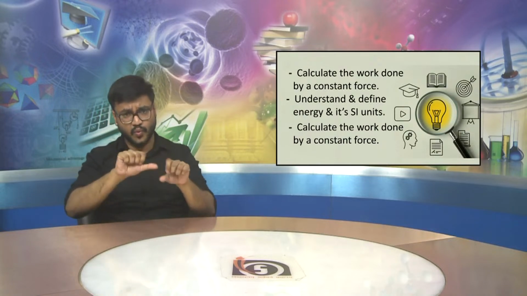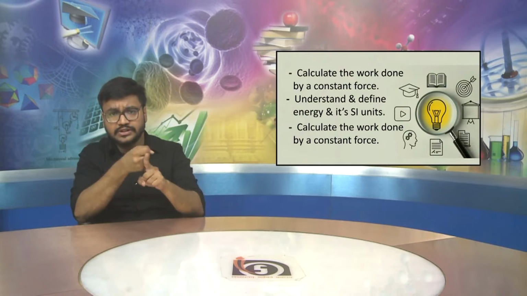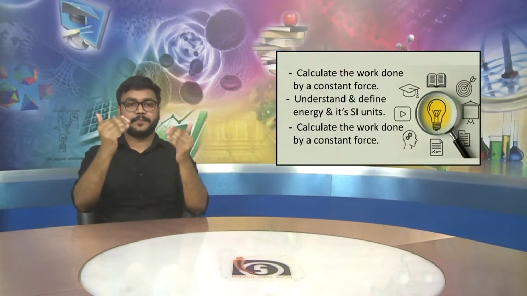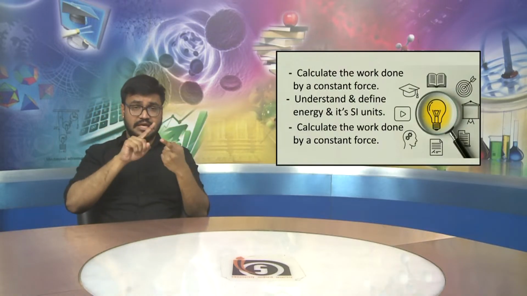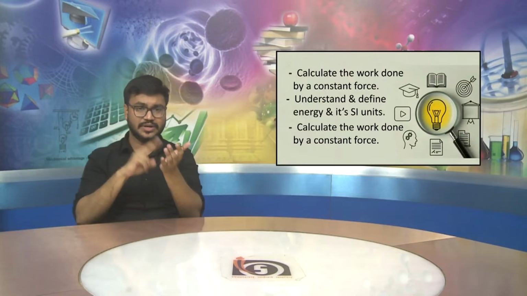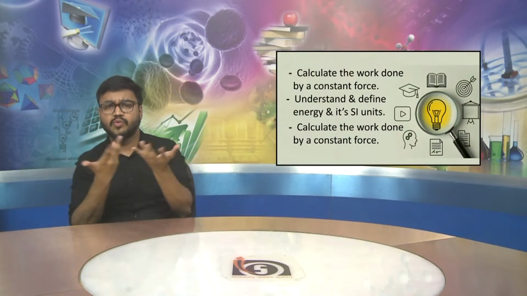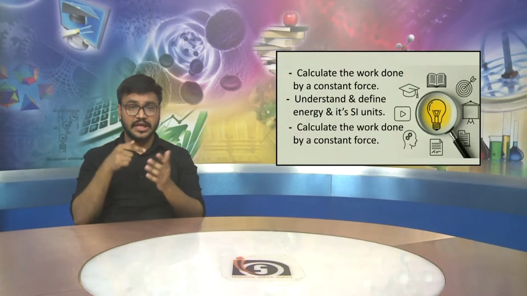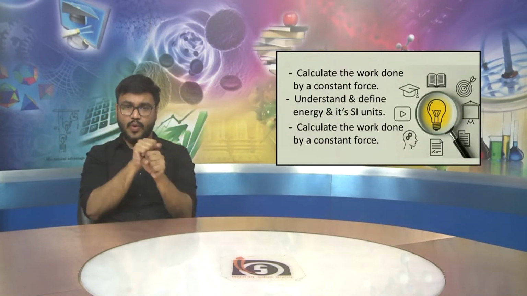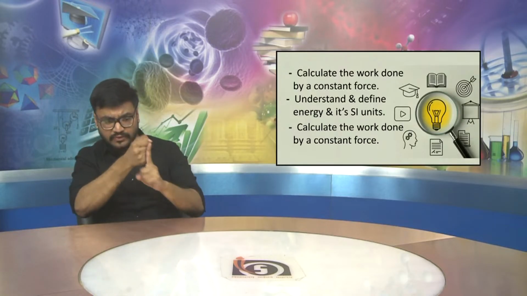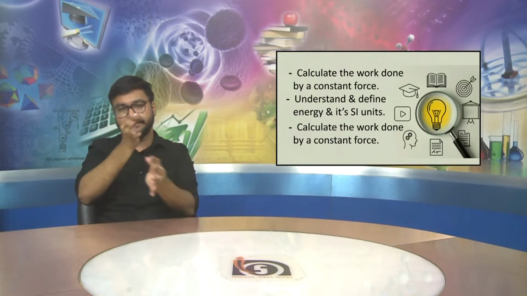You can calculate the work done by a constant force, and can understand and define energy and its SI unit. And along with it, you can also learn to calculate the work done by a constant force.